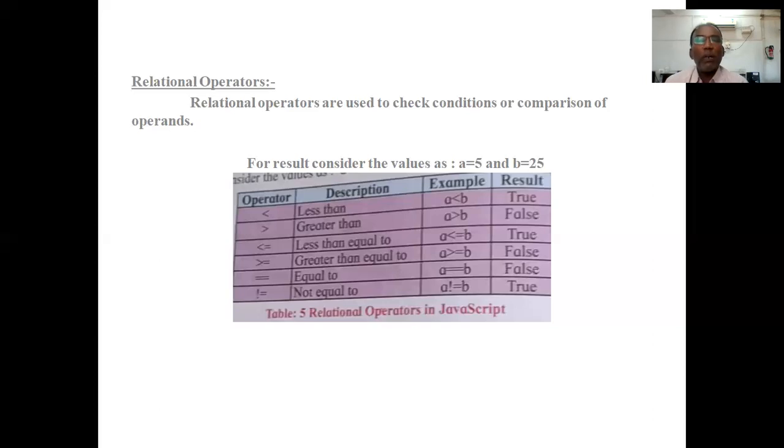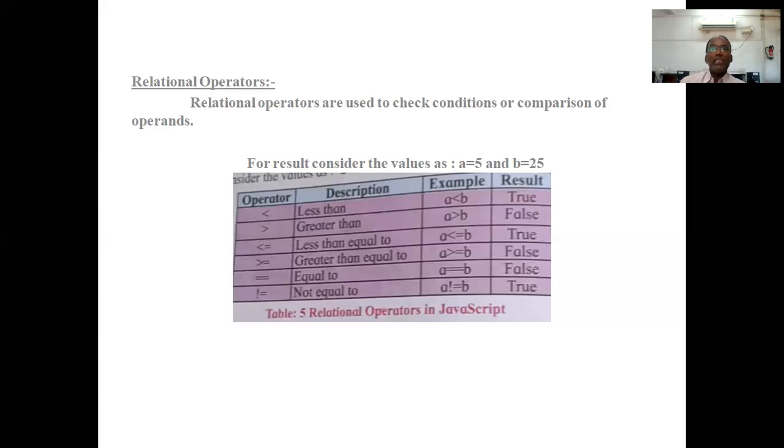Now we will see this example. The very first example for the less than relational operator is A less than B. I told you that I have considered A is equal to 5 and B is equal to 25. Now in this, the result will be true.